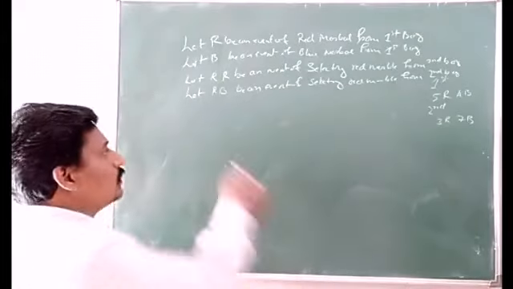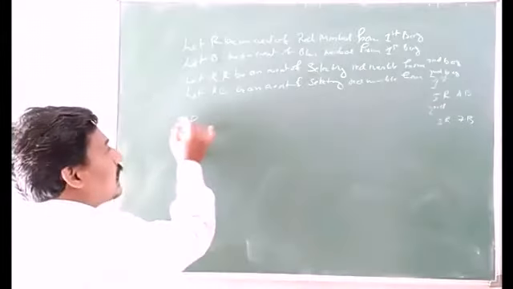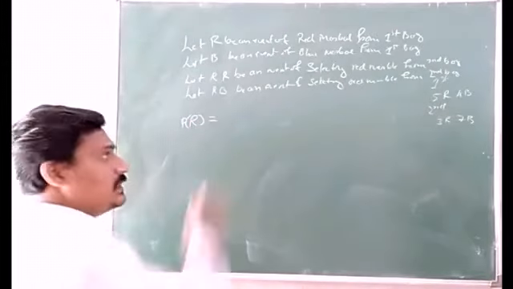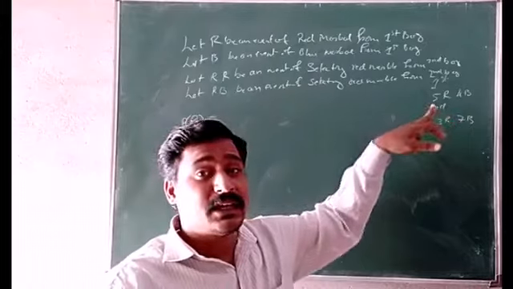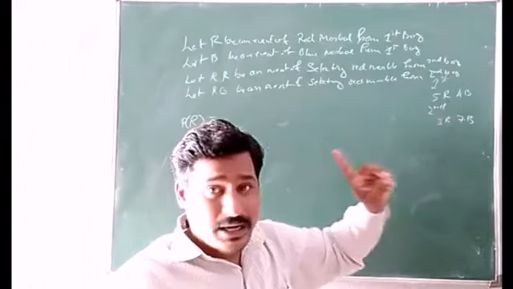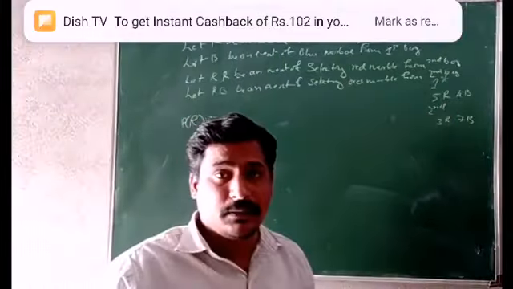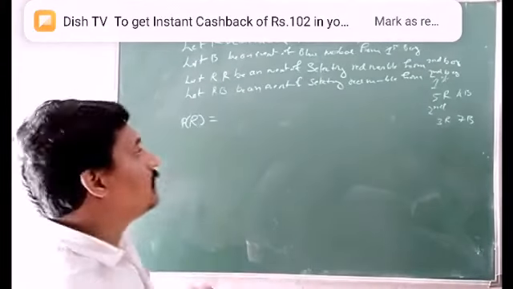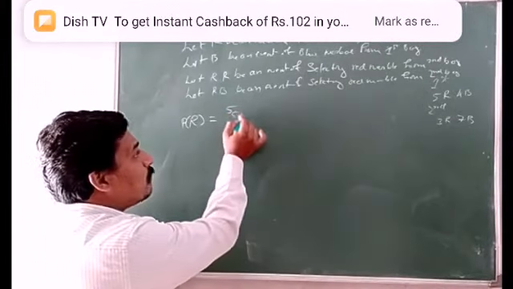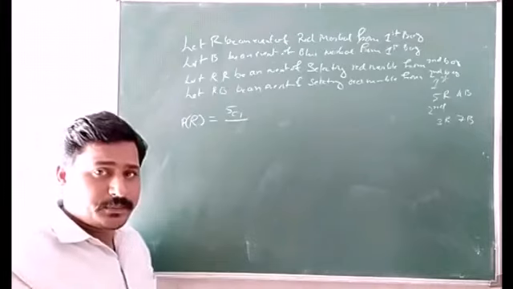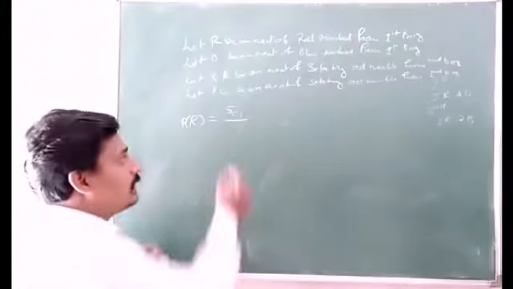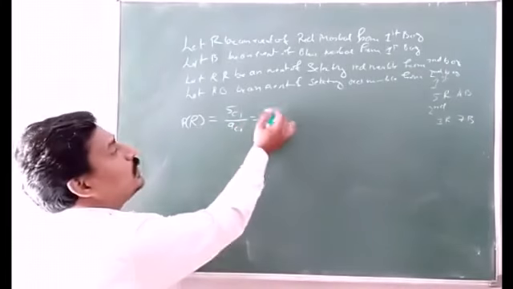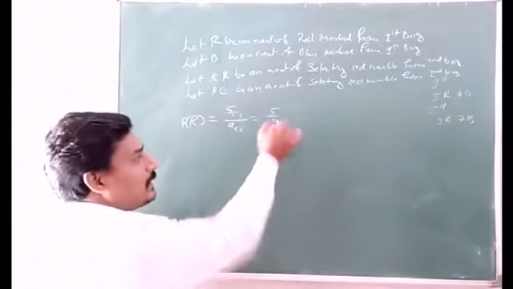Okay, so probability of R is equal to selecting one red marble out of 5 red marbles, that is in 5C1 ways, out of 9 marbles, that is 9C1, equal to 5 divided by 9.